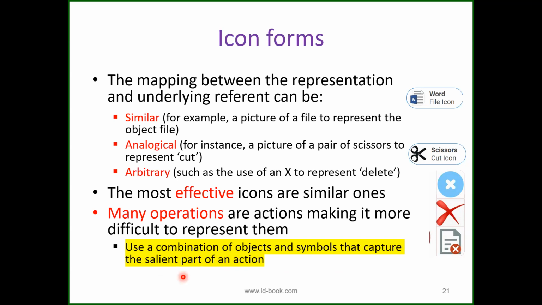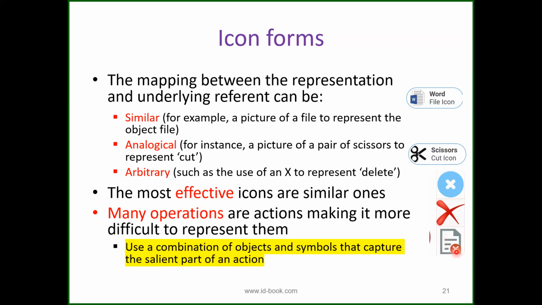For example, cutting: here we cut the text or the image, or crop the image. We have scissors to do that. So we might use a combination of objects and symbols that capture a salient feature. For example, delete file: file is a separate icon, and an X or cross is a delete operation.